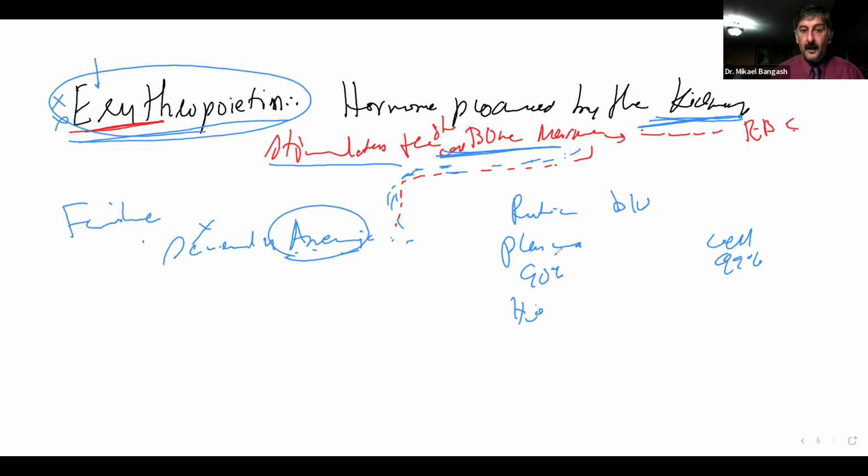The kidneys fail, they're not going to be able to eliminate the waste products, but those waste products are going to be eliminated in the water. So there's going to be a volume overload.